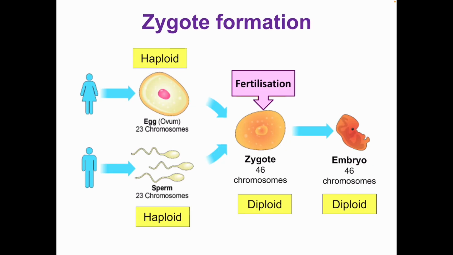So this summarises the process. We have a haploid egg cell with a haploid sperm cell. Their nuclei fuse at fertilisation to form a diploid zygote, and that diploid zygote will divide by mitosis and continually divide, and you will have an embryo made up of multiple diploid cells.